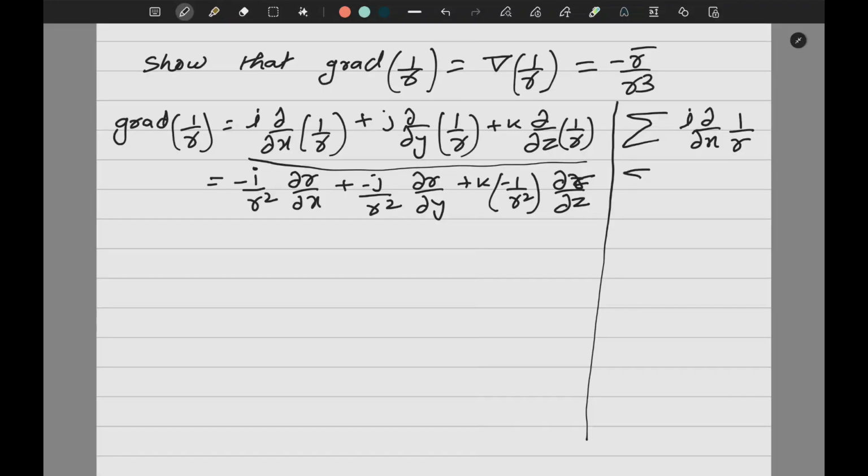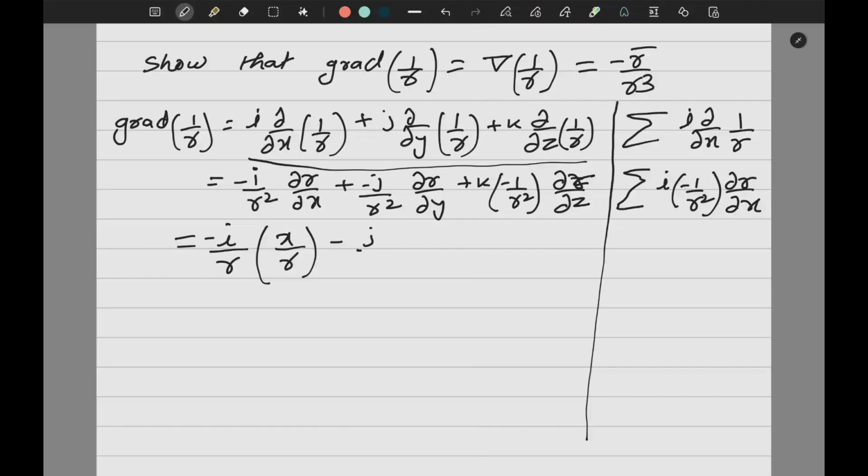If I am doing it in summation, I would have written it like this: i, okay, differentiation of 1 by R is minus 1 by R square and ∂R/∂x. So it will save a lot of time. Now next step. What is the value of ∂R/∂x? I discussed. ∂R/∂x is x by R. Correct?